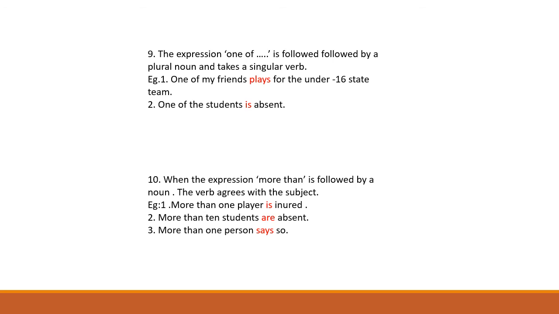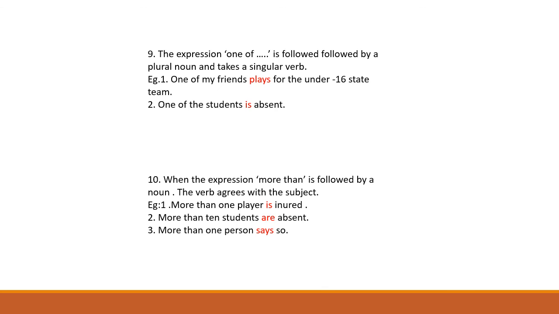Clear? One of the students, not are but is, because it begins with the expression one of. So when it is followed by a plural noun, it takes a singular verb. One of the students is absent. One of the children, not are, is clever. Did you understand? Is it clear?